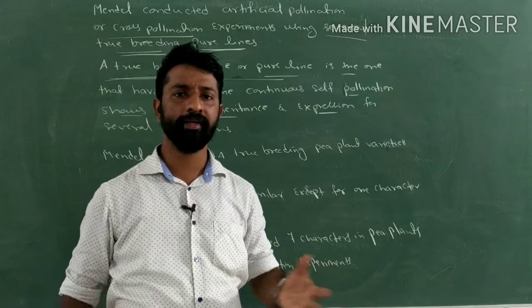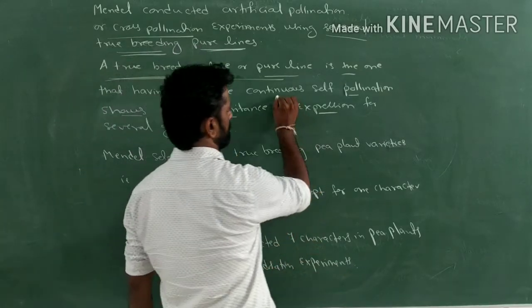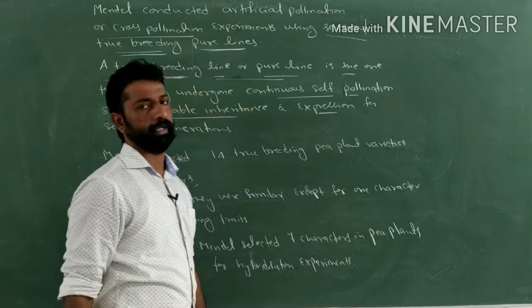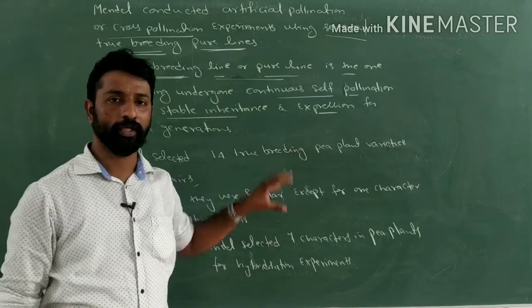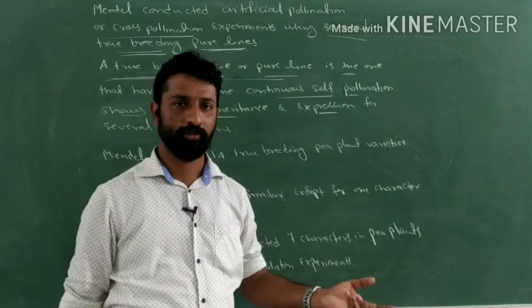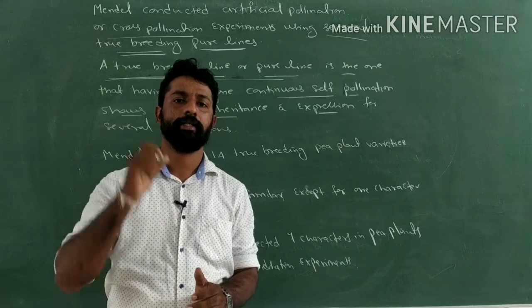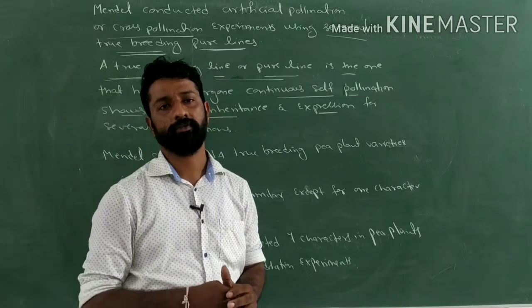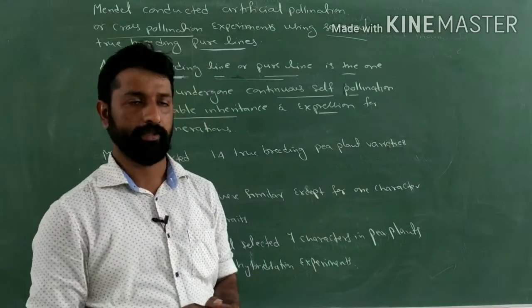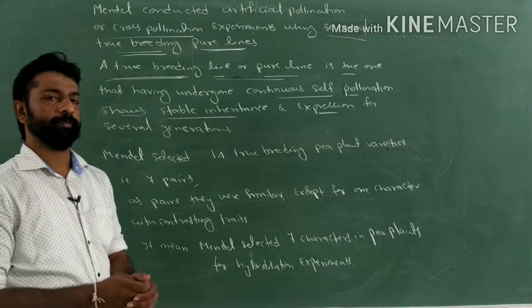And how is it produced? By continuous self-pollination. And we know that pea plants carry out self-pollination. So he selected the true breeding varieties of the pea plants for many characters. This is the definition of the true breeding line or pure line.